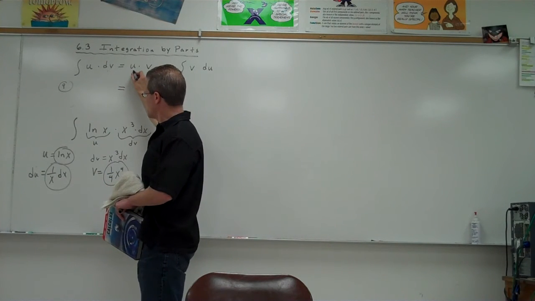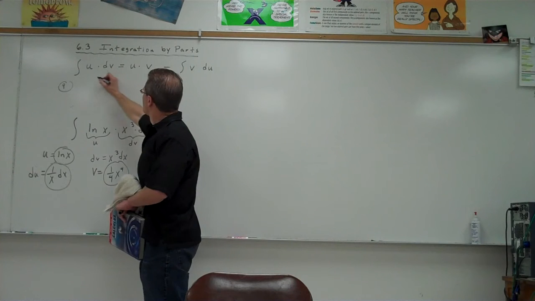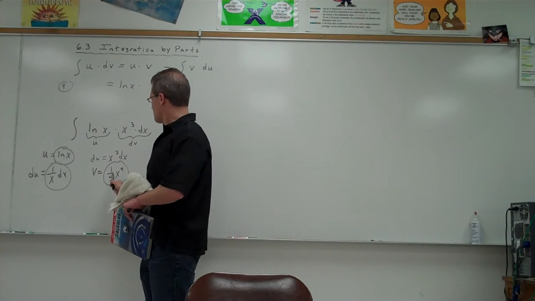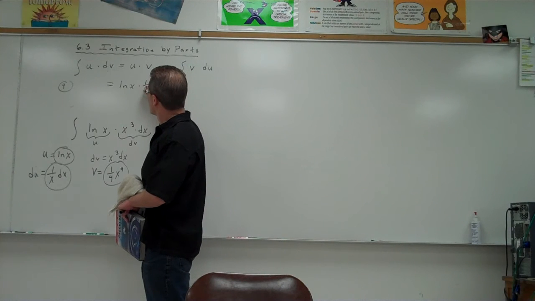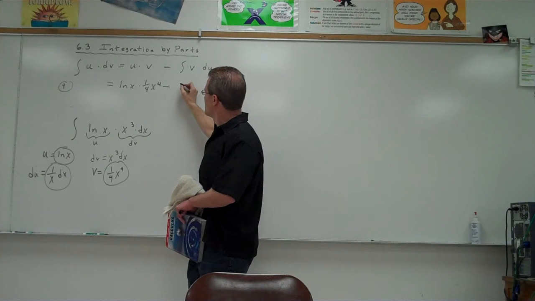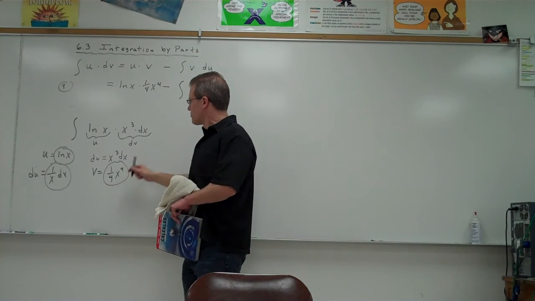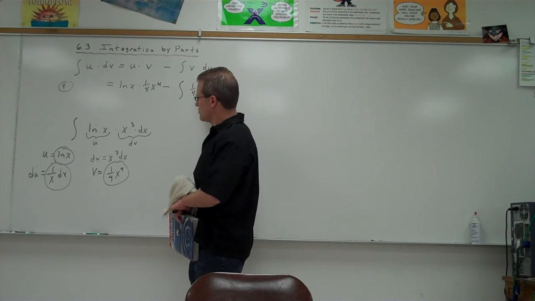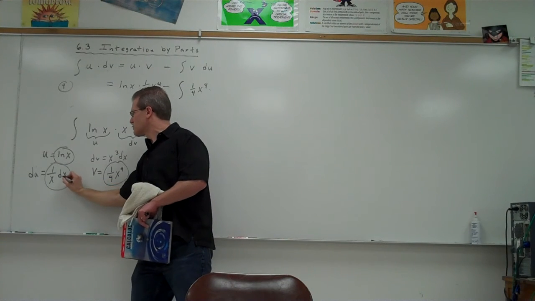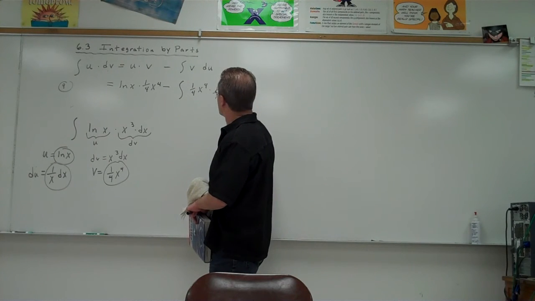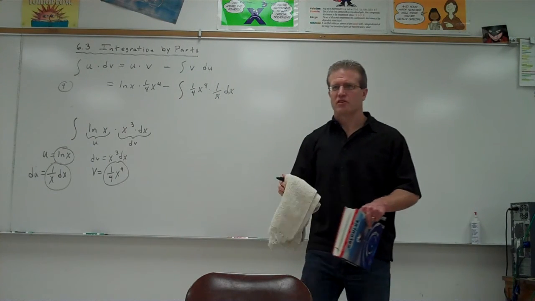So for u, I'm going to substitute in natural log of x times v, which is 1/4 x to the fourth, minus the integral of v, so the integral of 1/4 x to the fourth, times du, 1 over x dx. Any questions so far?